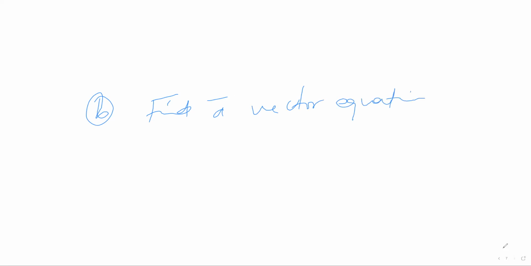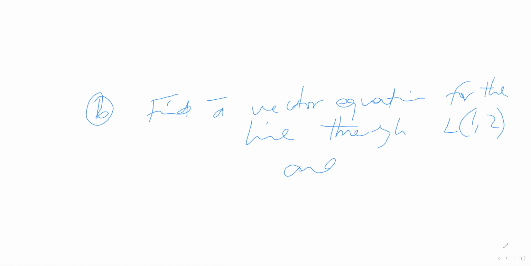So we find the vector equation for the line through L (1, 2) and M (5, 3).